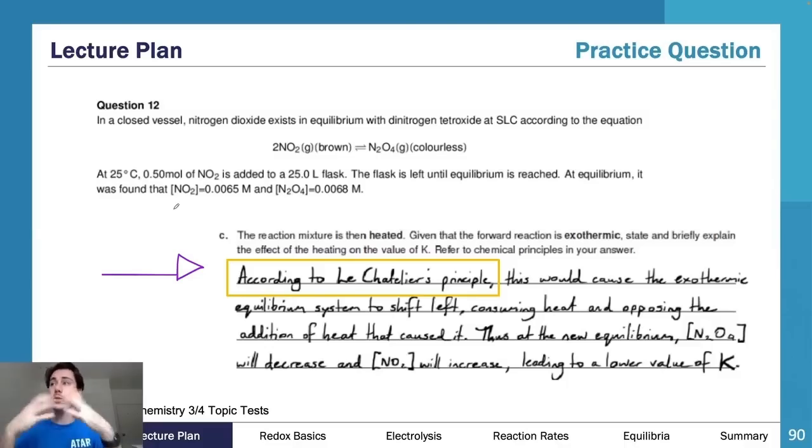So you need to say, according to Le Chatelier's principle, and then you actually need to mention it. You need to say, look, we want to oppose the addition or partially oppose the addition. And then when you reach new equilibrium, and so on. So you need to discuss things about the opposition of what you have done. So if you've changed the system, Le Chatelier's principle says that you are going to oppose that change. And it's important that you do discuss that.